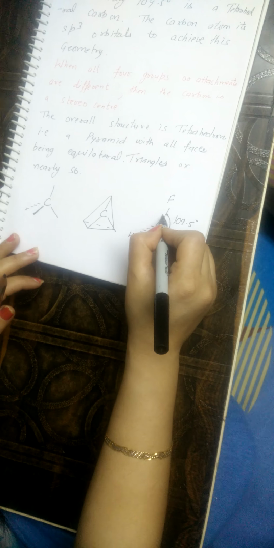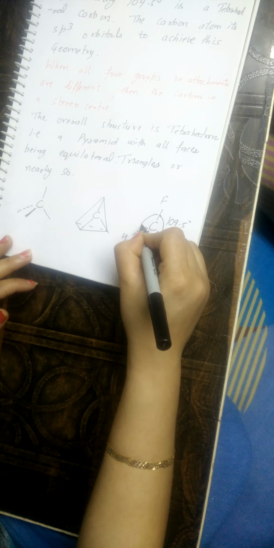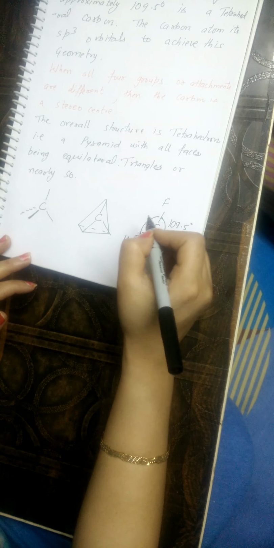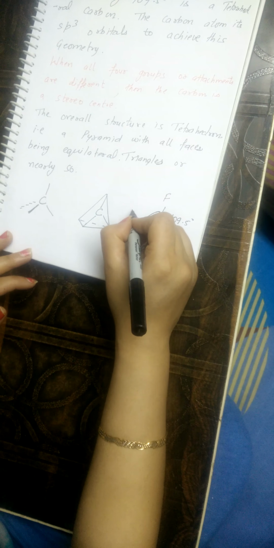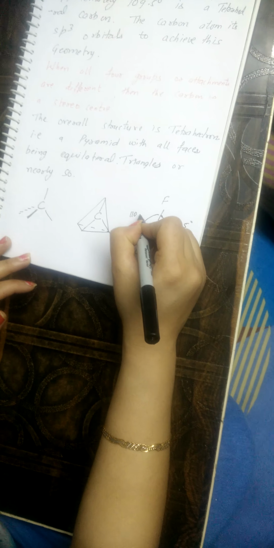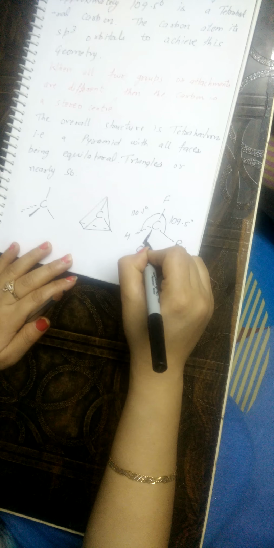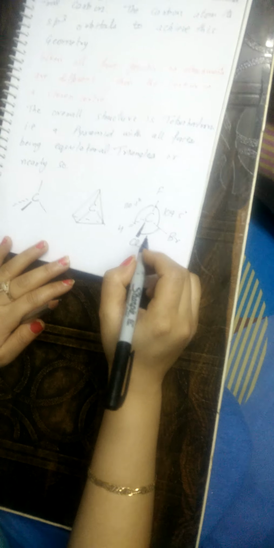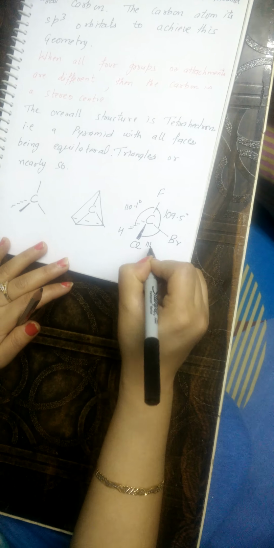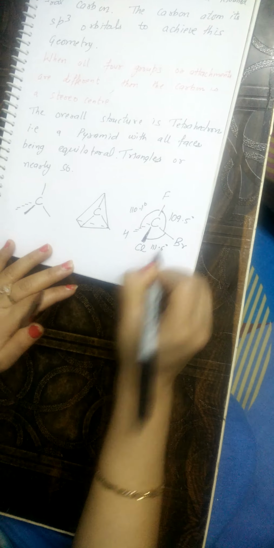The angle between the fluorine, hydrogen and carbon will be 110.1 degree, and the angle between chlorine and bromine will be like 111.6 degree.